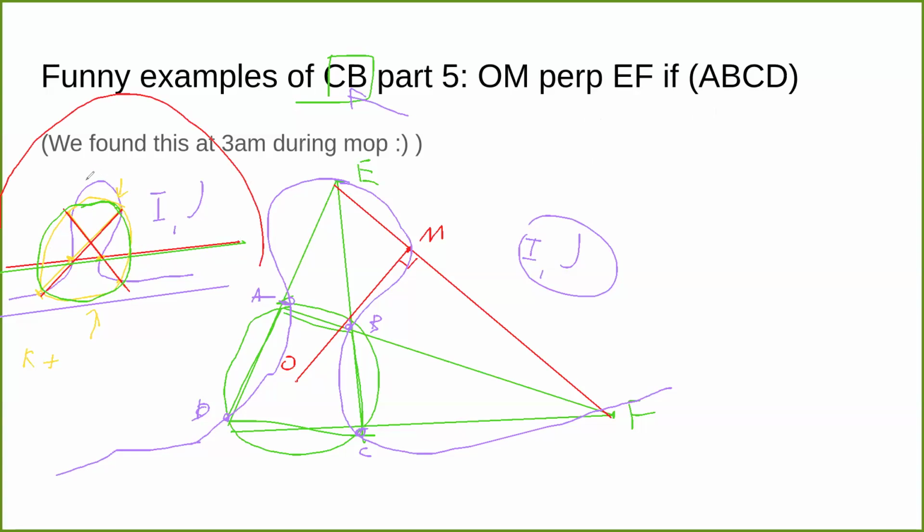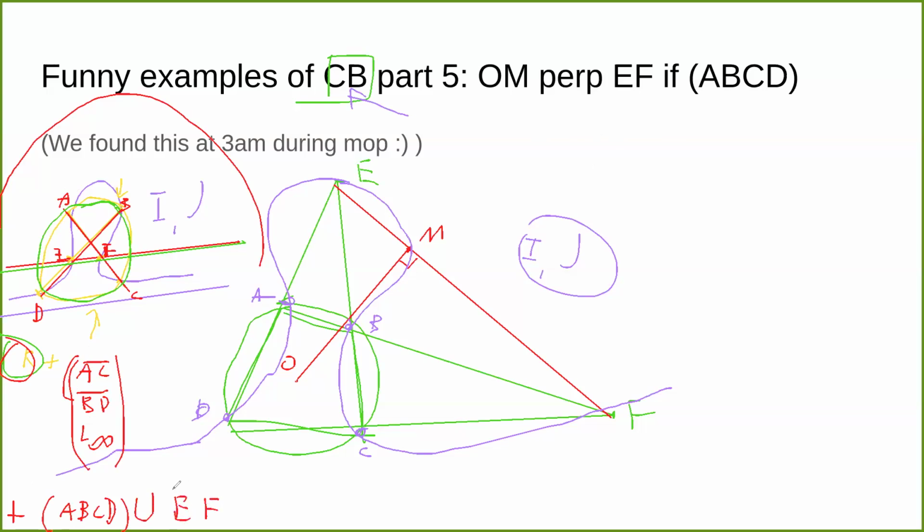Well, the cubic K and the red cubic, I'll give the points labels: A, B, C, D, E, F. So one of the cubics is just K, the other one is A, C, B, D, and the line at infinity, and the final cubic is just this.